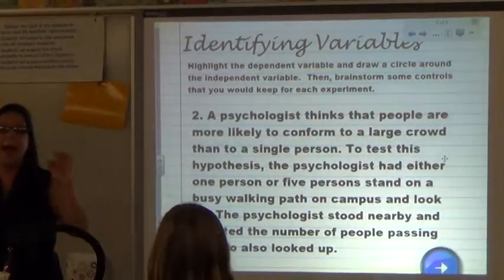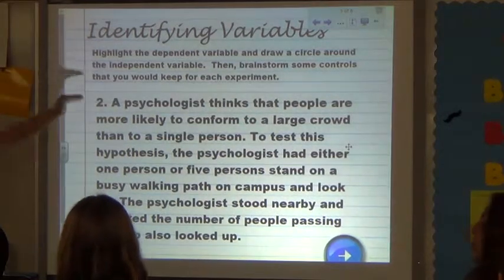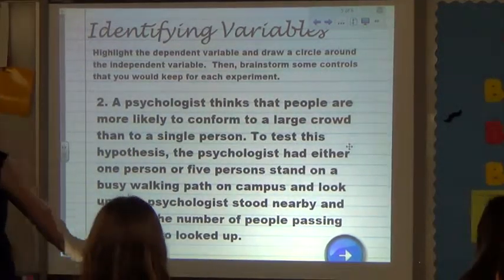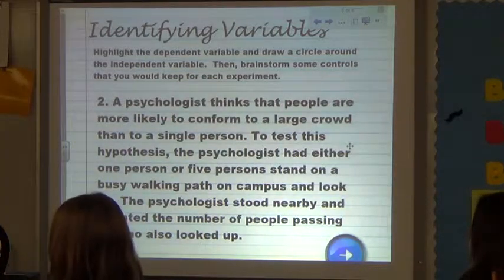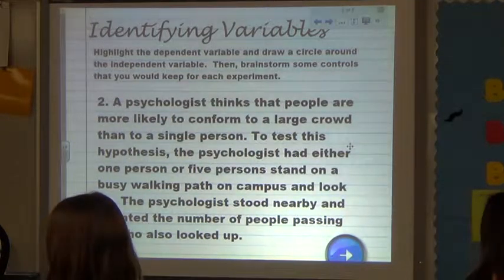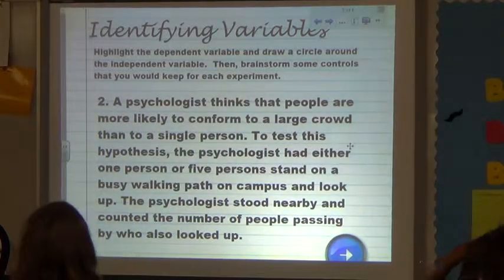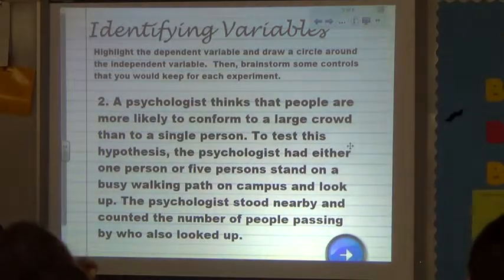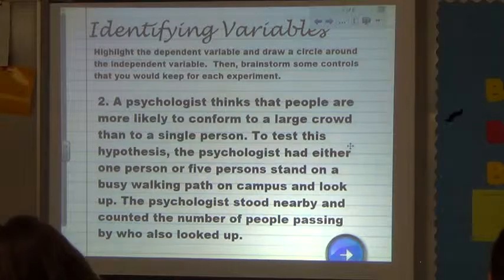This one is actually a lot of higher level thinking, because this situation right here was posed to 11th graders. But I knew you could handle it if I read it with you and we talked about it. So, we're still going to highlight the dependent variable and circle the independent variable, and then talk about some control variables if we can identify any.